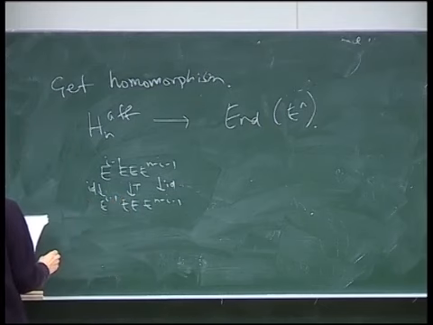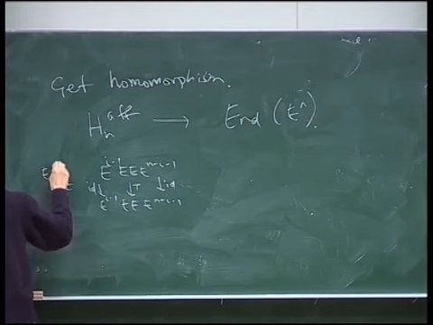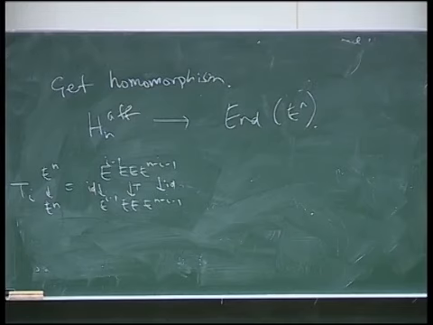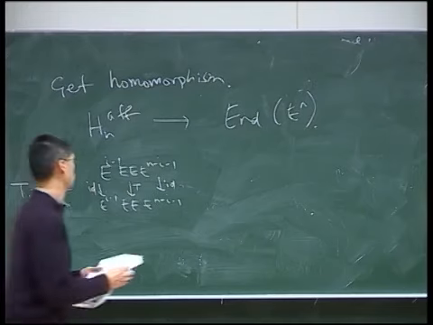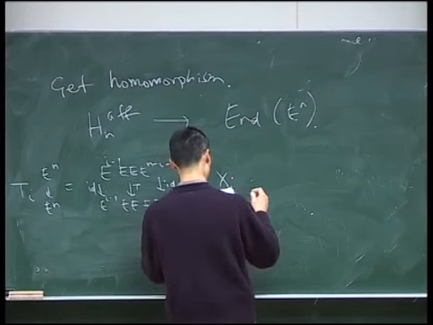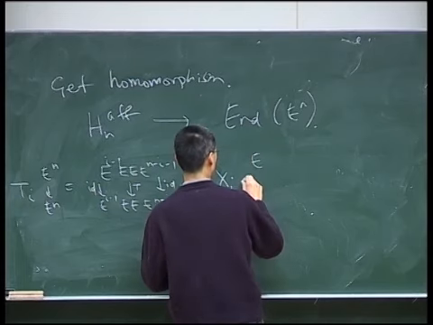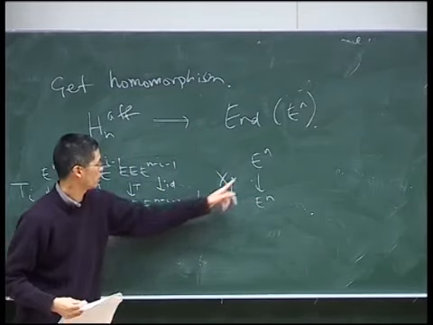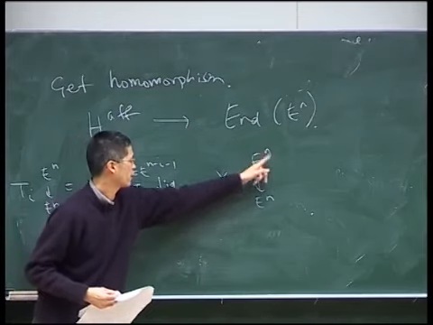Okay, and this we can define to be the action of ti, the generator ti. Similarly, xi is going to be just the action of x on the ith factor of e to the n.